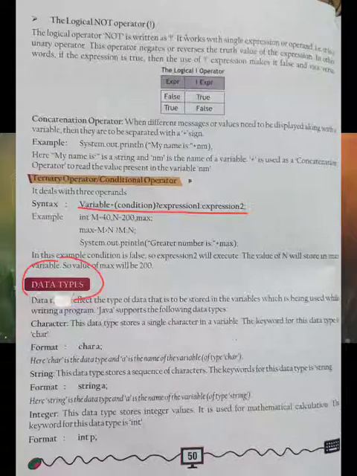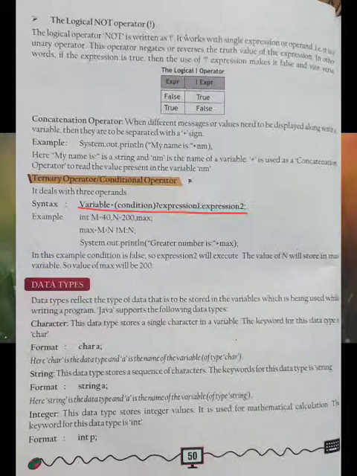Now there are so many data types. Data type reflects the type of data that is to be stored in the variable. Which type of data we are going to store in a variable, data type will reflect that. The first data type is character. This data type stores a single character in a variable.